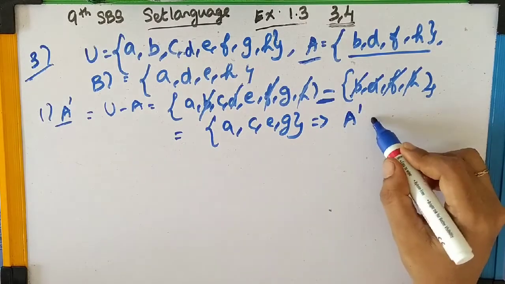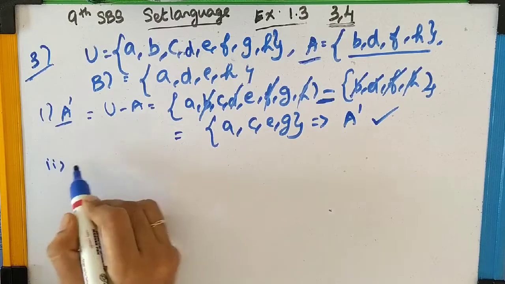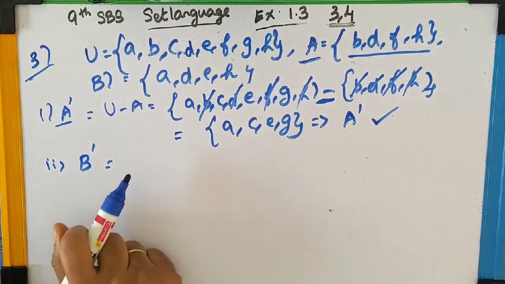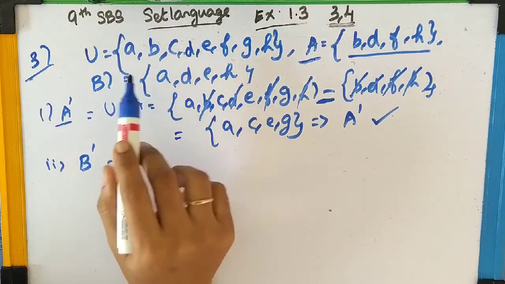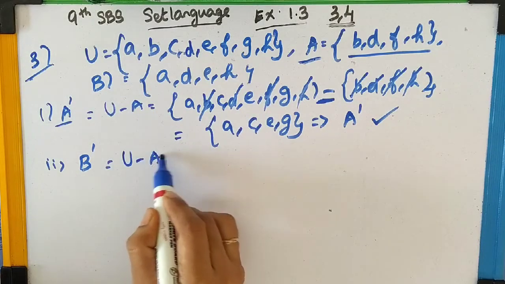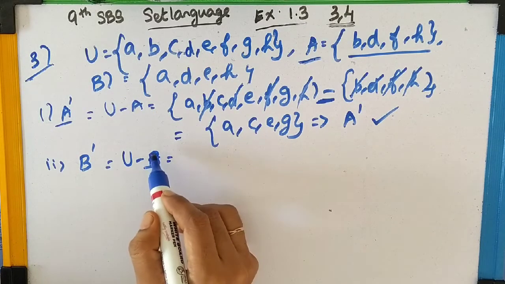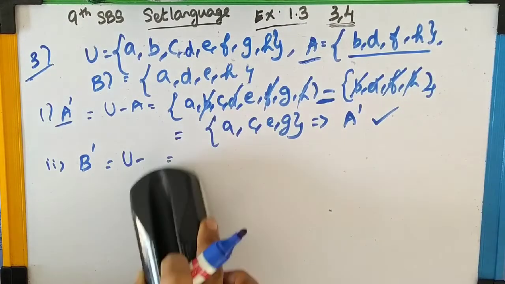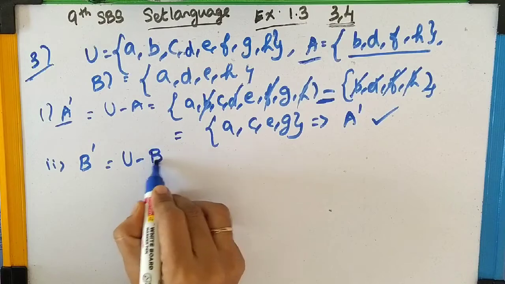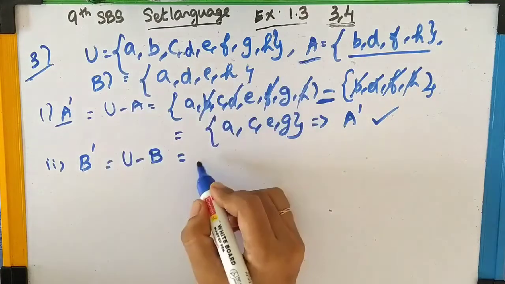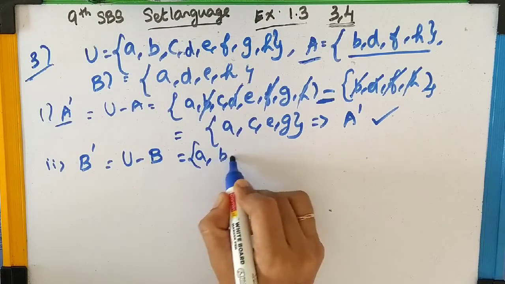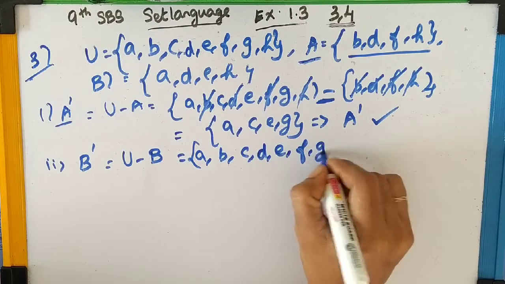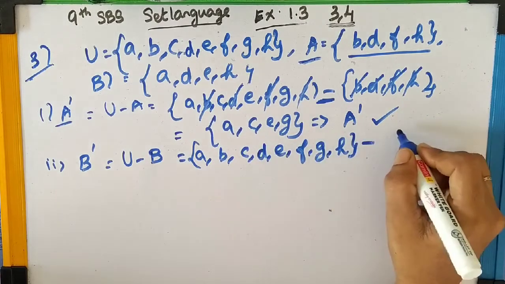Now what is B dash? Except B, that is universal set minus B. Now what is the universal set? A, B, C, D, E, F, G, H. So we are going to write the universal set and find the difference between the universal set and B. What is B?